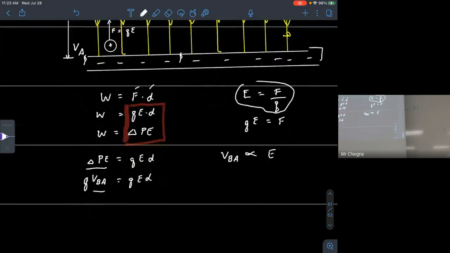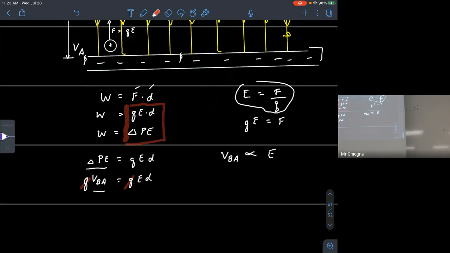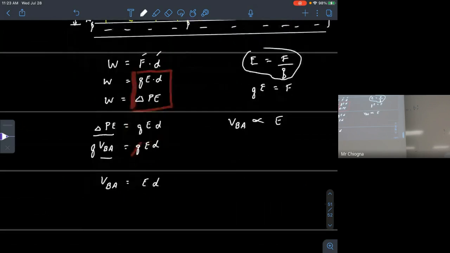What cancels out? There's a q on both sides. Small q, we don't need it. So you get V_BA equal to Ed. Rearrange it, this is the way we usually write it.